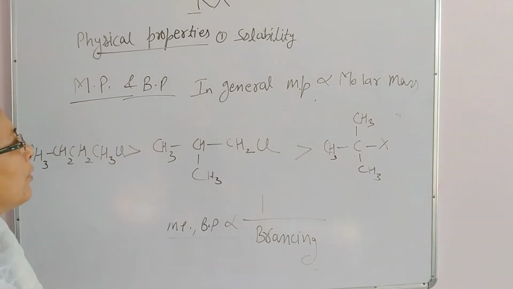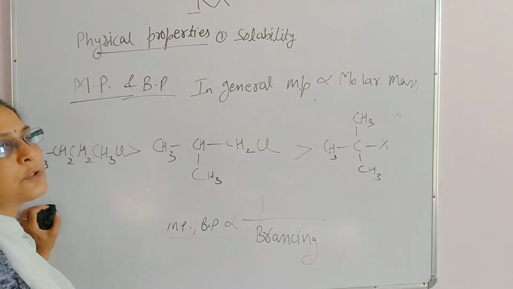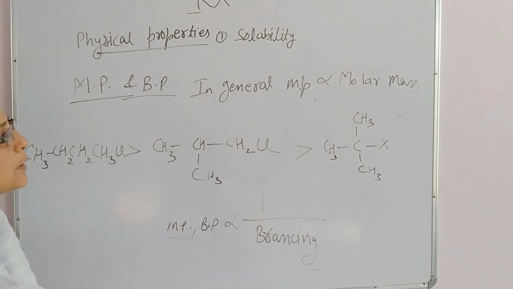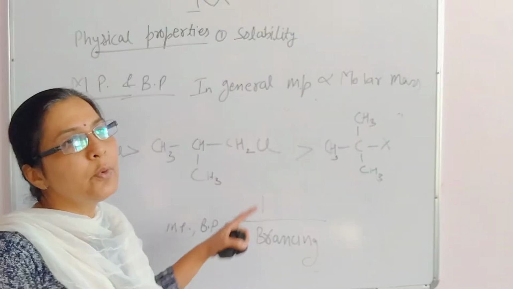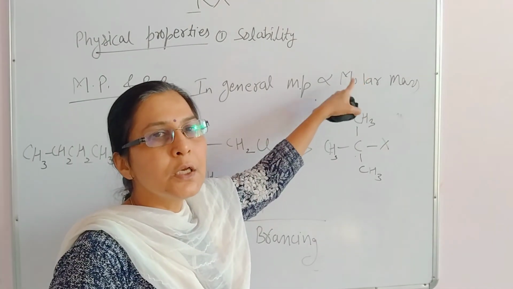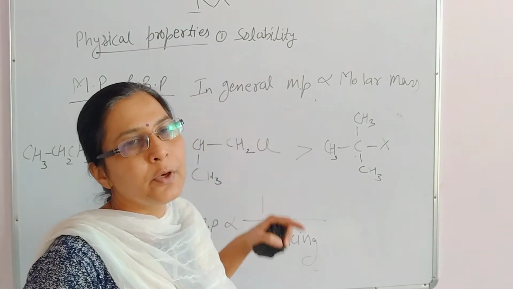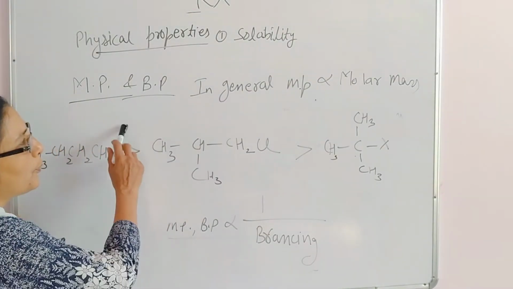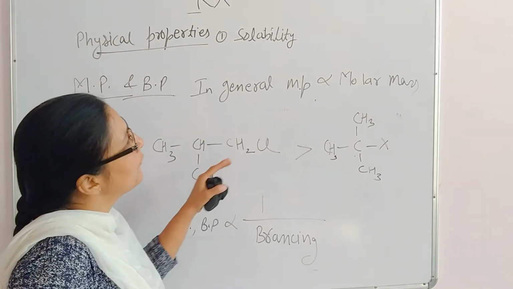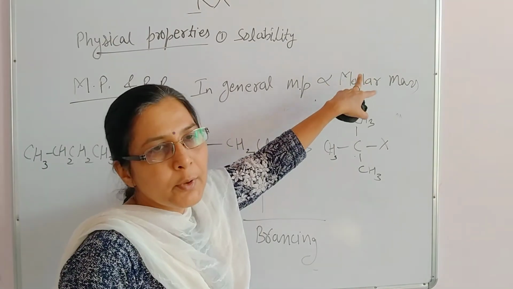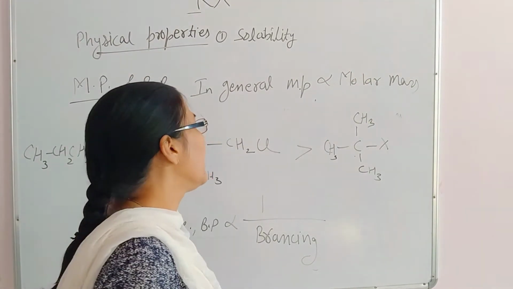Now next, we study melting point and boiling point. This we have to study for each and every functional group. In general, as molar mass increases, the melting point and boiling point increase. So as the R group becomes bigger and bigger, definitely the boiling point becomes higher and higher.